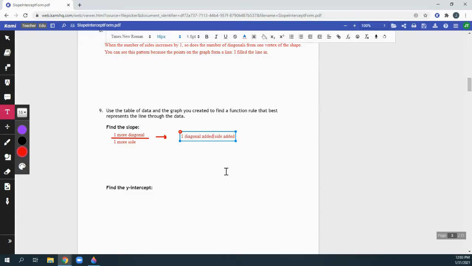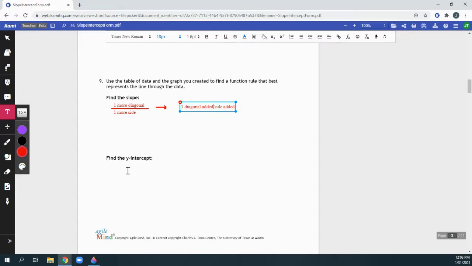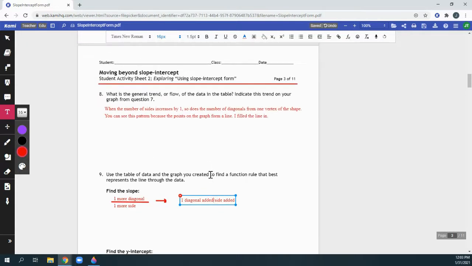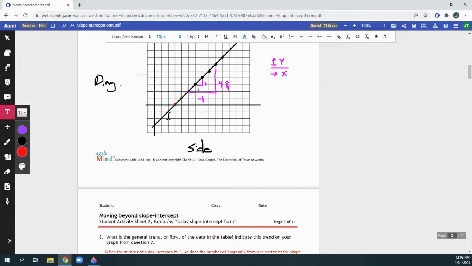I'm going to say diagonal added per side added so that we can understand what we're talking about a little bit more. And our y-intercept is all the way down here.